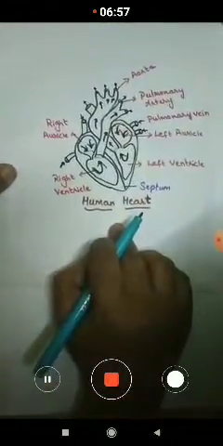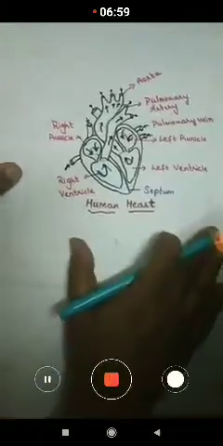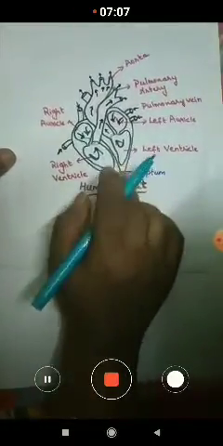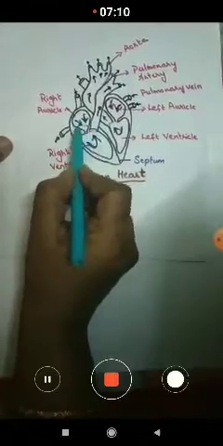Okay, so now here we can observe that as it is a pumping organ, when we see the diagram of the human heart, children, we can observe that the veins are connected to the heart, the arteries are connected to the heart. Here you can observe this is the right auricle.